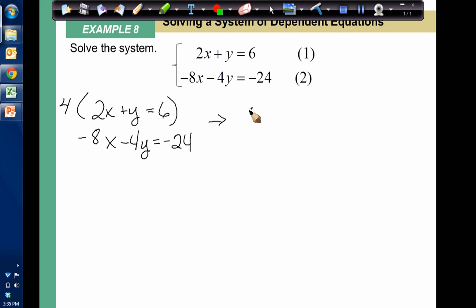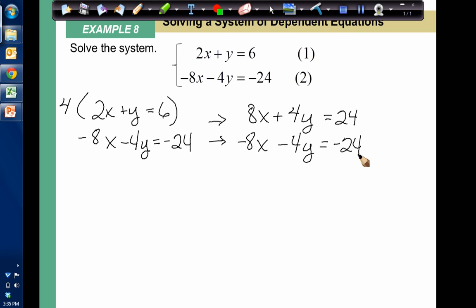So the first equation becomes 8x plus 4y equals 24. And the second equation will stay at negative 8x minus 4y equals negative 24. So what happens when we add? Eliminate, eliminate, eliminate, we get 0 equals 0, which is a true statement, okay?